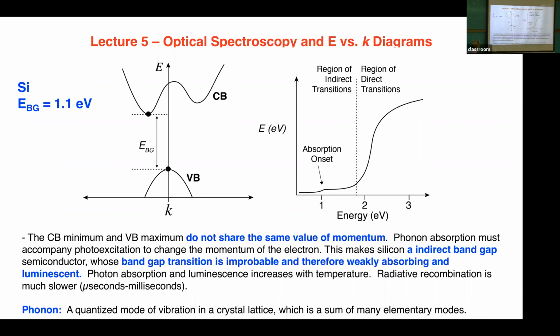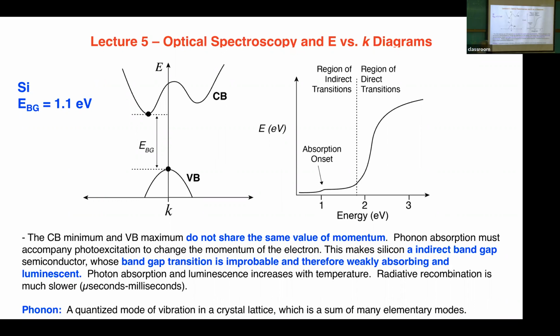All right. Turns out one of the things you can do to improve the probability of this is to add a phonon to the mix. If you add phonons to the mix, you can change the momentum of the electron. And the combination of a photon and a phonon allows this transition to happen. So you can change the electron energy by adding a phonon to it.